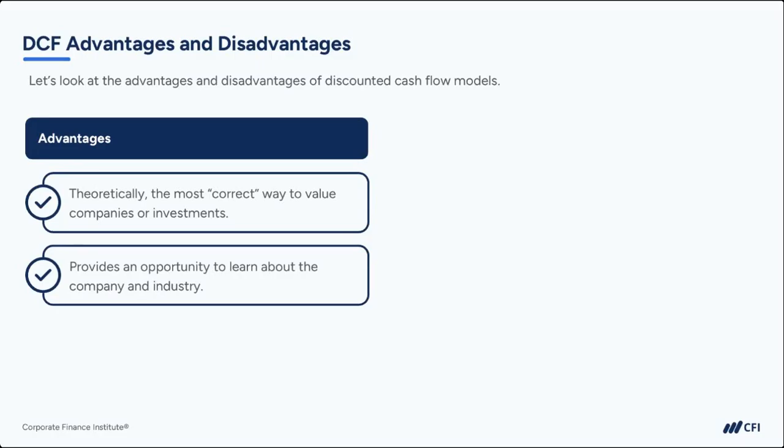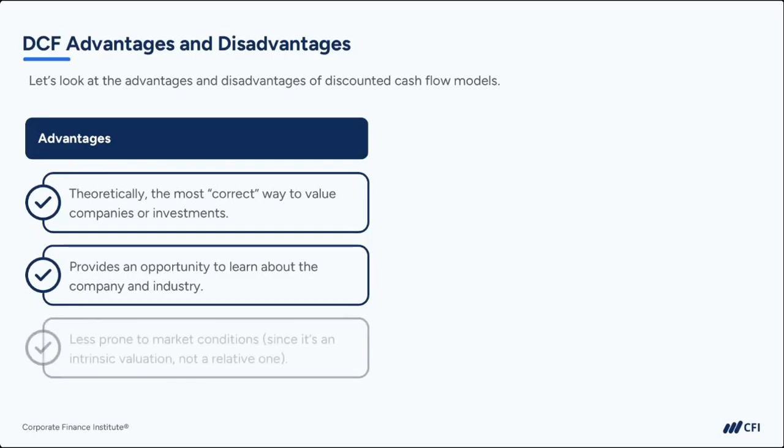Before we actually begin creating our DCF, we must have a thorough understanding of the target's business. In order to learn about the target company, we should review its financials and read any published research on the company and industry. A DCF is also less prone to market conditions since it's an intrinsic valuation, not a relative valuation.